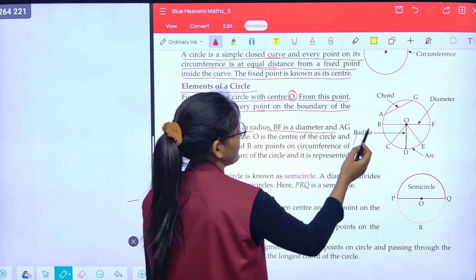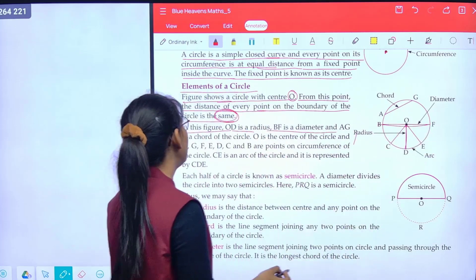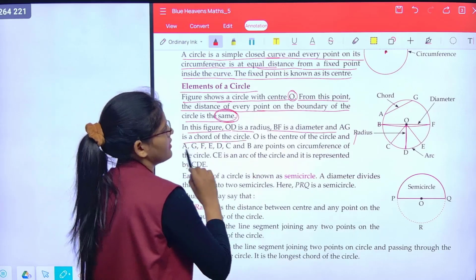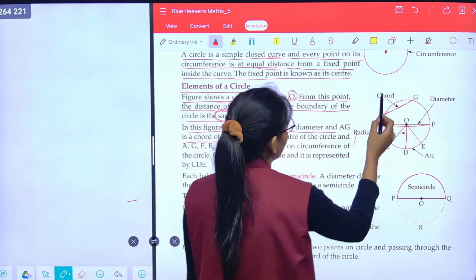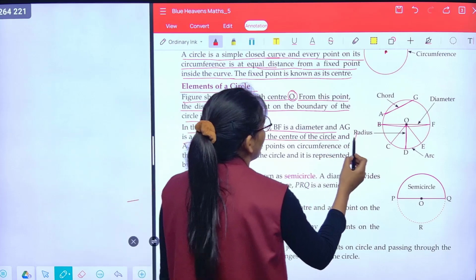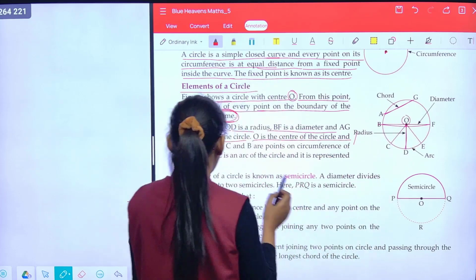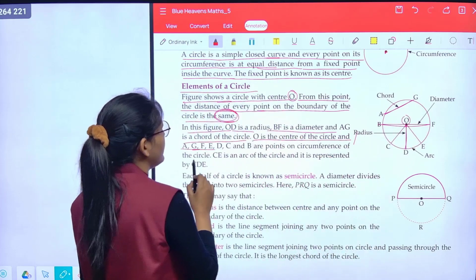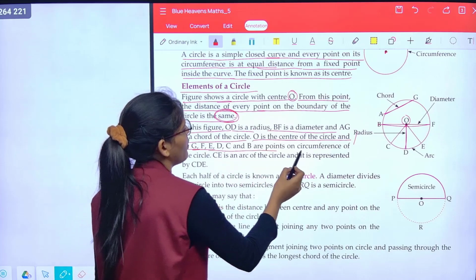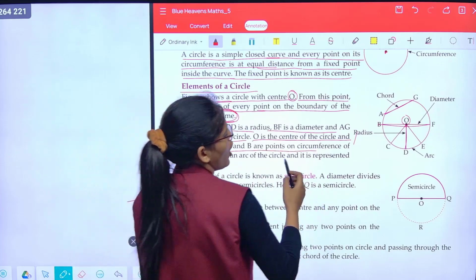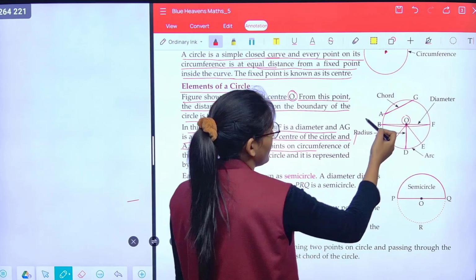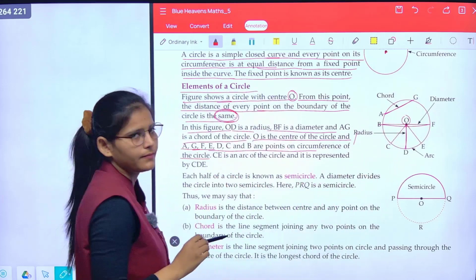BF is a diameter and AG is a chord of the circle. O is the center of the circle. And A, G, F, E, D and B are points on the circumference of the circle.